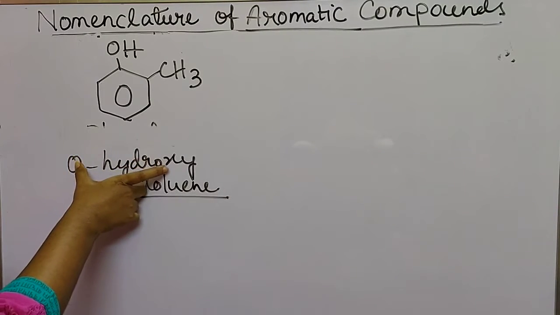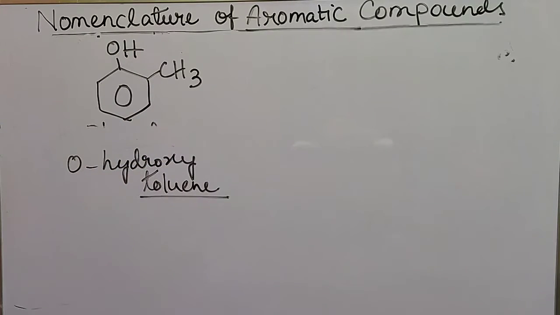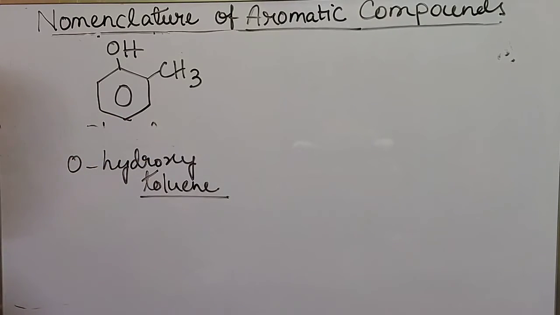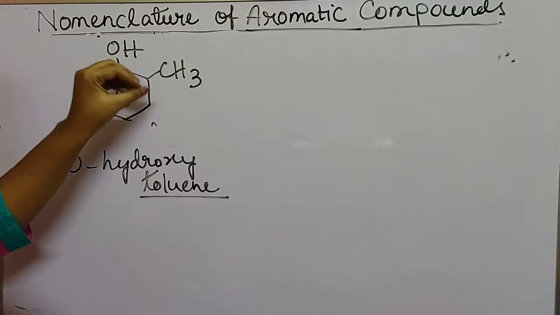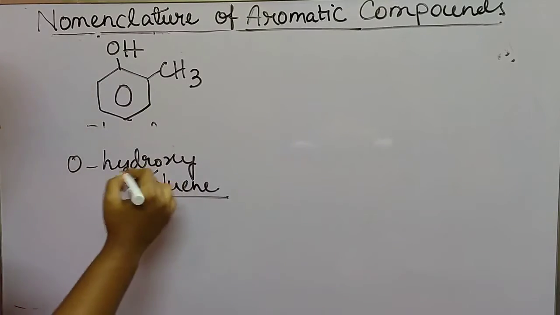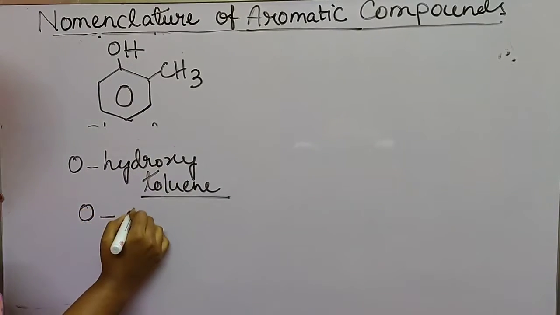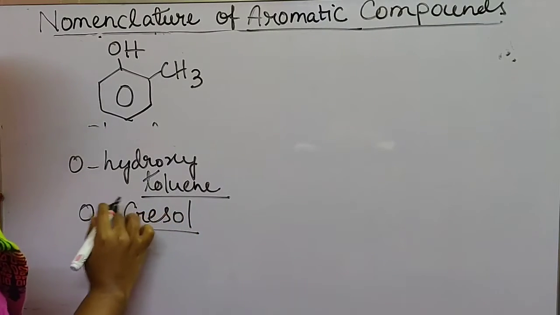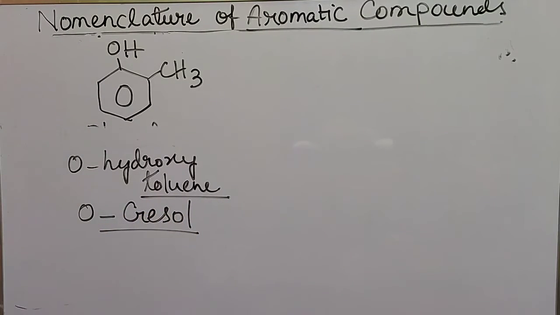After that you have to write the name of the group, that is orthohydroxytoluene. Another name is also there. When OH group is present in toluene, then it is also known as cresol. So orthocresol, okay, as well as metacresol, paracresol. This type of name also could be there.